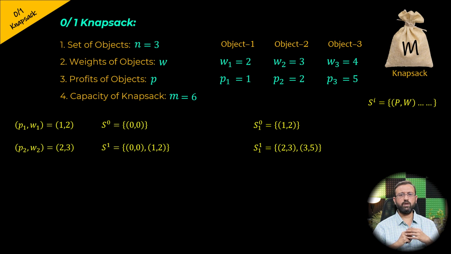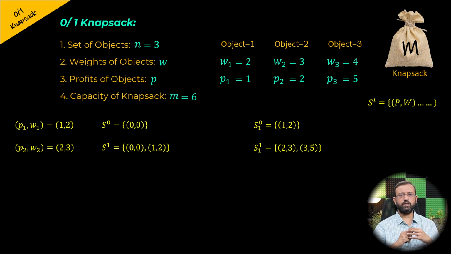So the S11 will contain the pairs which is the result of adding the pair P2 W2, which is 2, 3 to every pair of set S1. So the first pair of set S11 will be 2, 3 plus 0, 0, which is 2 plus 0 is 2 and 3 plus 0 is 3. So the first pair is 2, 3.